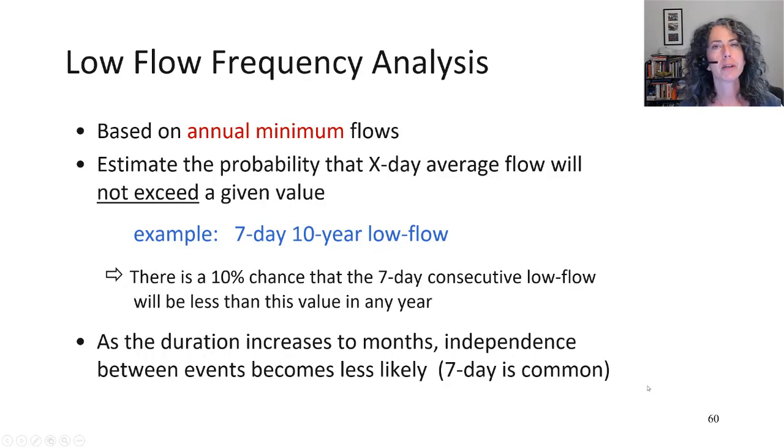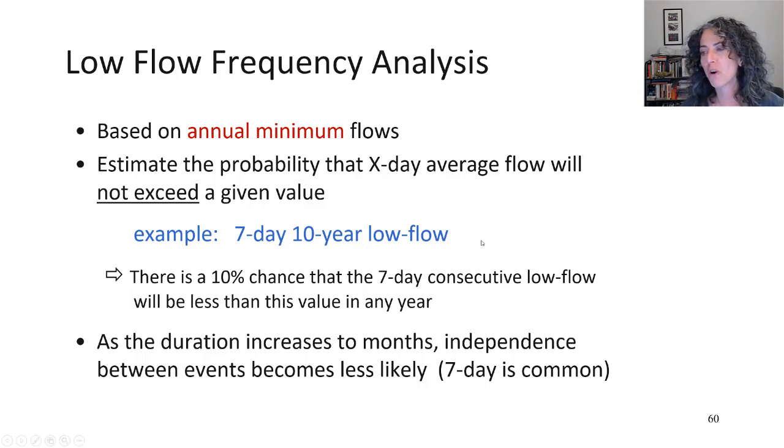So let's look a little bit at low flow frequency analysis, based on our annual minimums. In this case, with the annual minimums, we're looking at non-exceedance probability. We're interested in the probability of being less than the particular low values. A common metric that we use for analysis for restoration or for low flow regulation is what's called the 7-day, 10-year low flow.